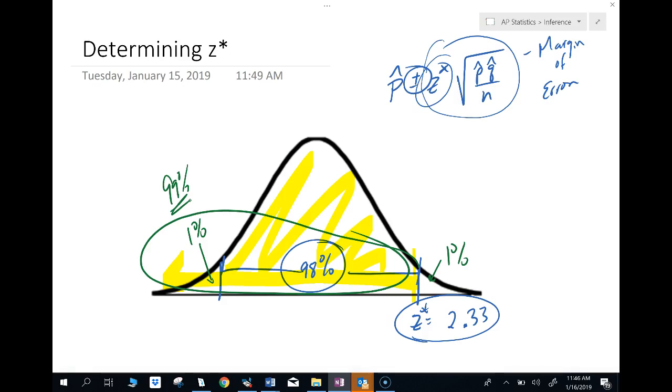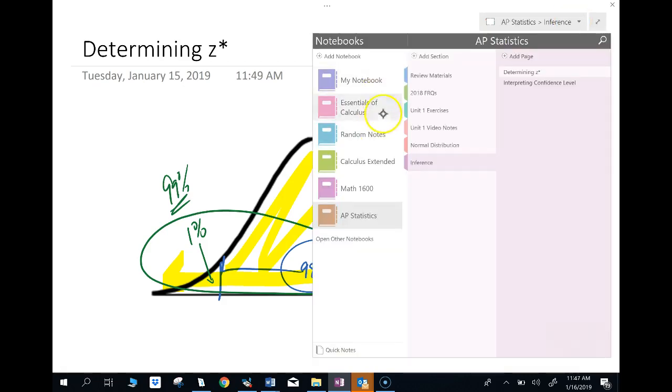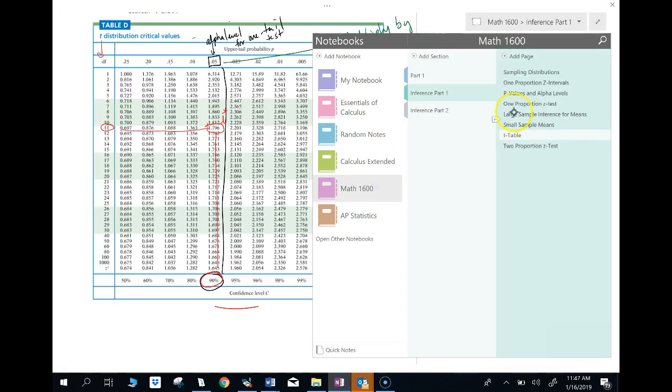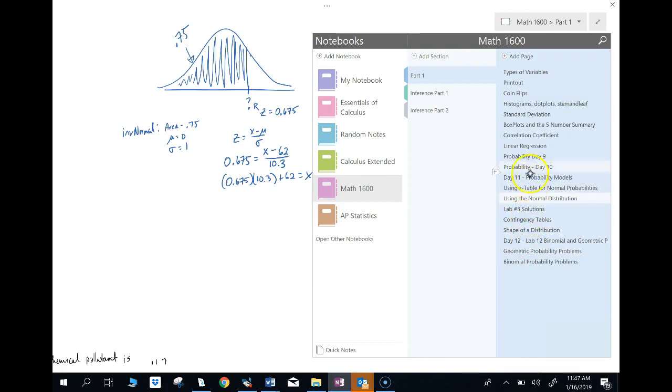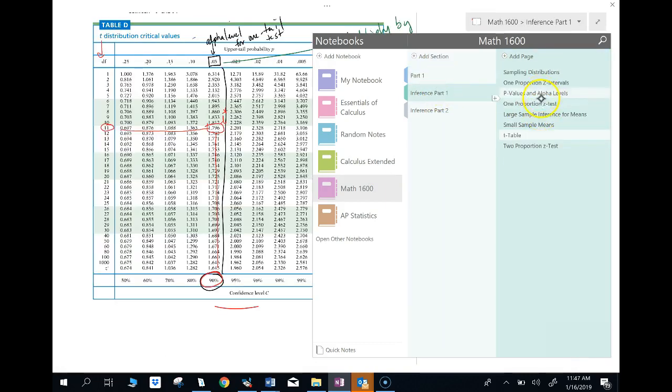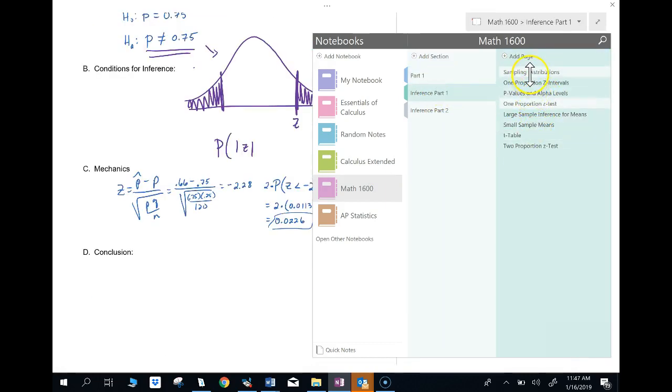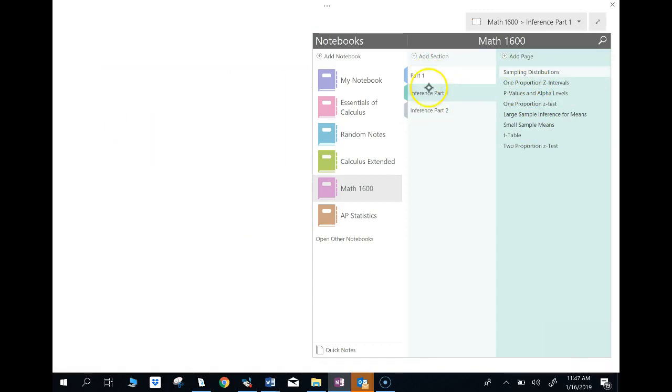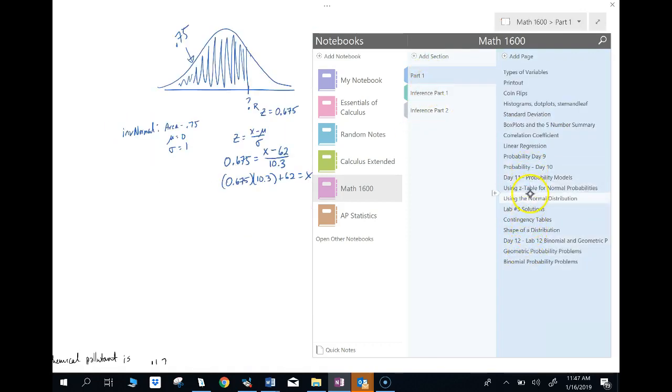The same thing works with the Z table. Let me see if I can find my Z table here. There we go.